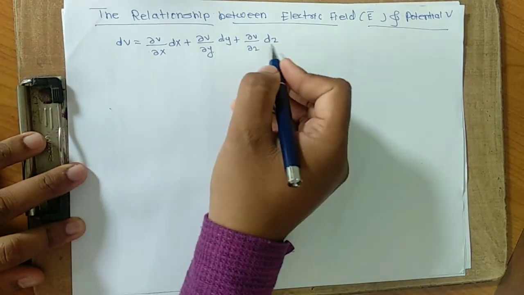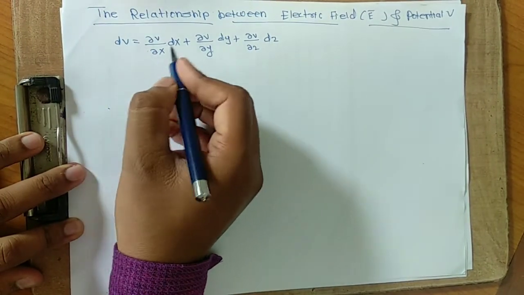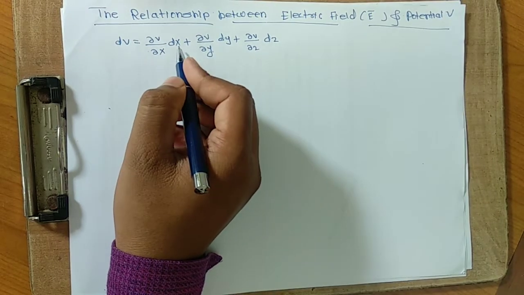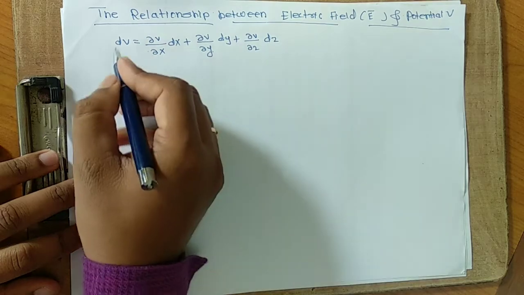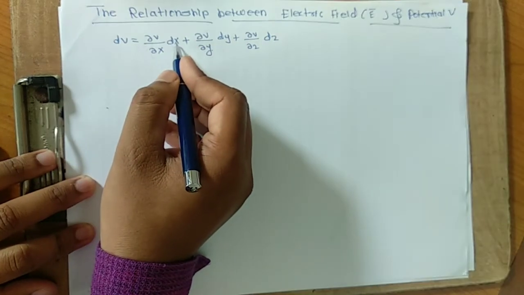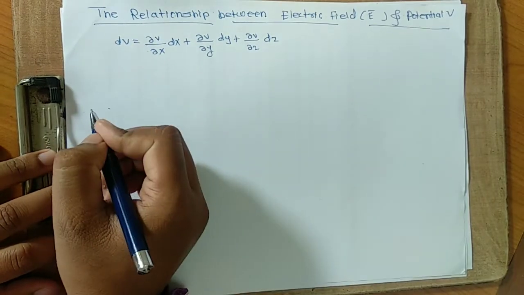So like that I have written the relation for dV: del V by del x dx, plus del V by del y dy, plus del V by del z dz. I just wrote this partial derivative form for the actual derivative.